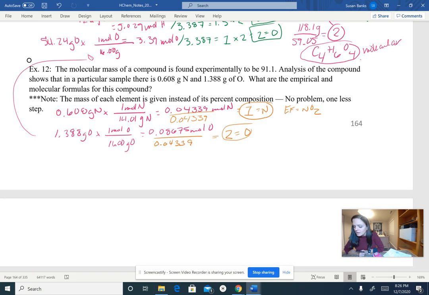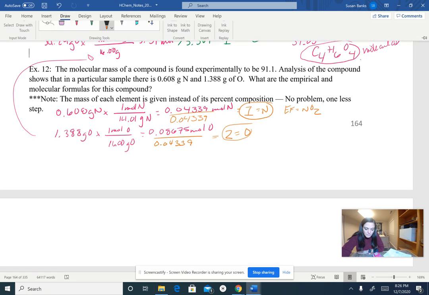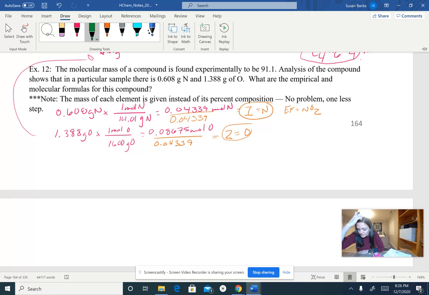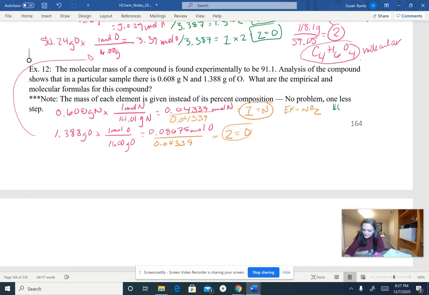Okay? Do you guys remember what the next step is? I need to find the empirical formula mass. So if I look at 1 nitrogen, 14.01 plus 2 times 16 for the 2 oxygens, that gives me a mass of 46.01 grams per mole for the empirical formula.